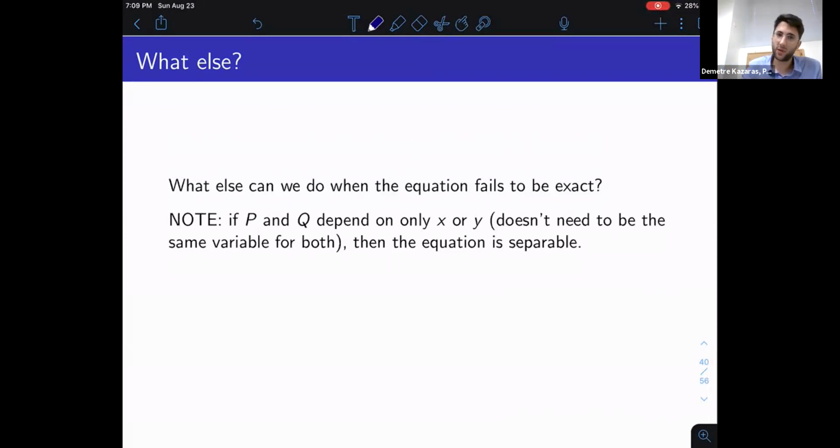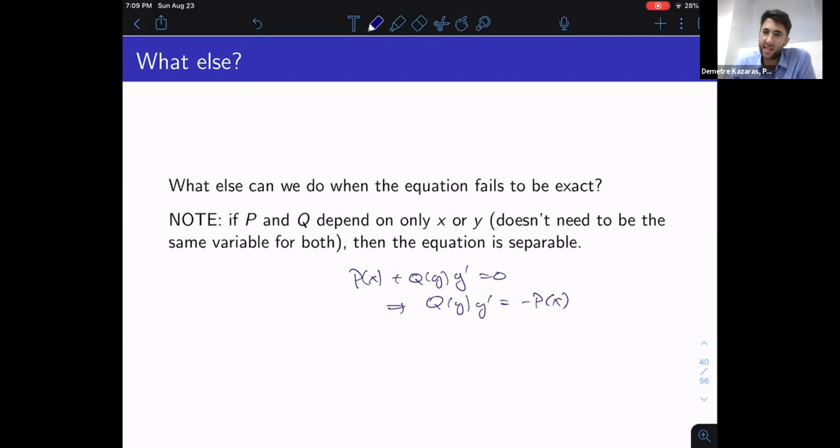Anyways, if both p and q only depend on one, either x or y, then the equation will be separable. It'll look like p of x, say, let's suppose p depends on x and q depends only on y, q of y times y prime is equal to 0. And this will indeed be separable. You could write this as q of y y prime is equal to minus p of x.